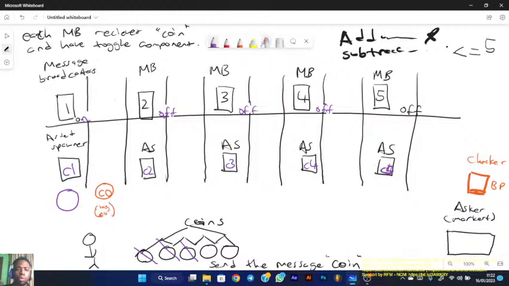So when the player collects his or her first coin, and this asset spawner spawns a coin, turns this guy off and this guy on, we now have 1 coin.